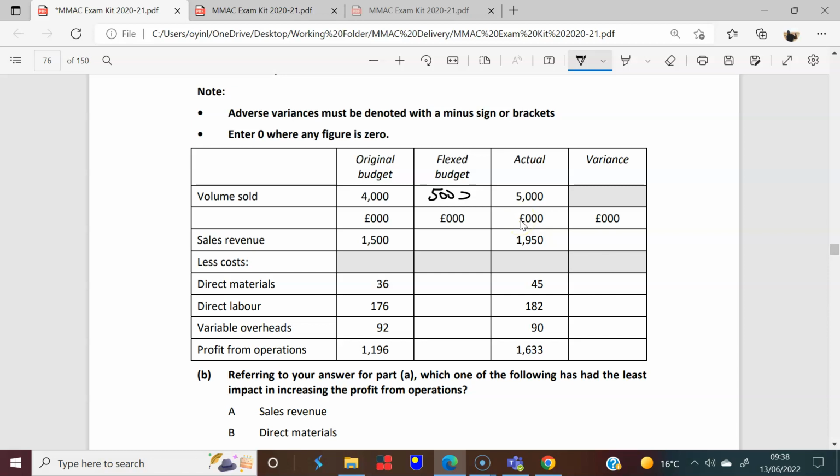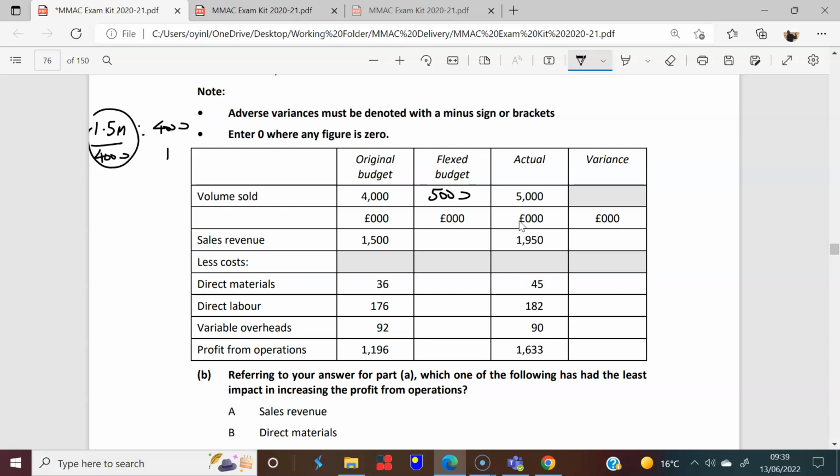If we're saying that we're making 1.5 million from 400,000 units, the first question is, how much are we making from one unit? So we have that divided by 400,000.